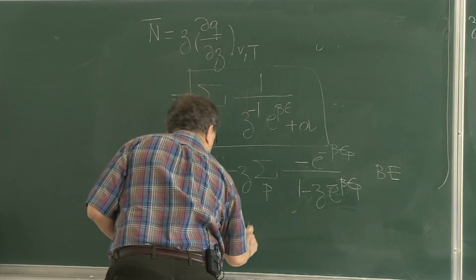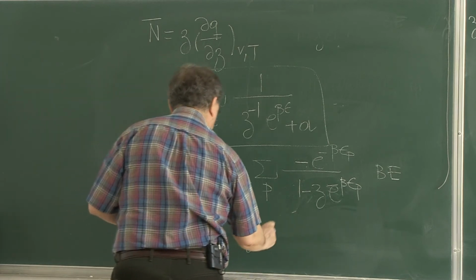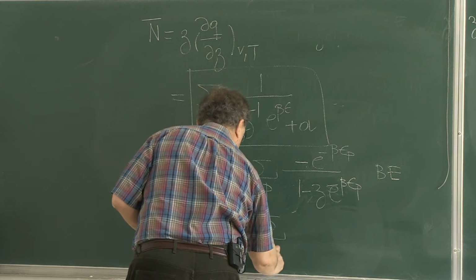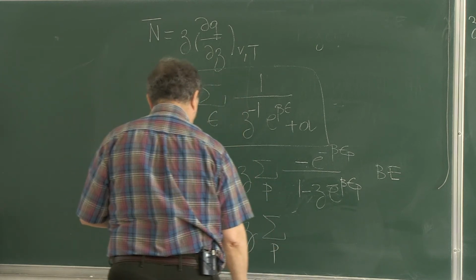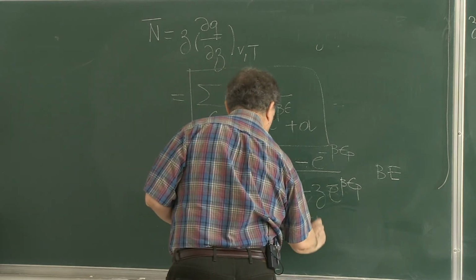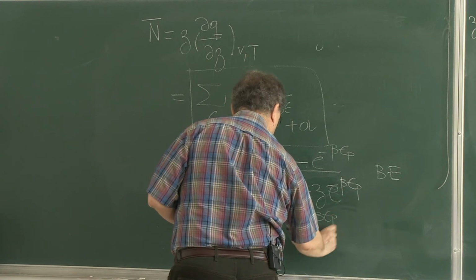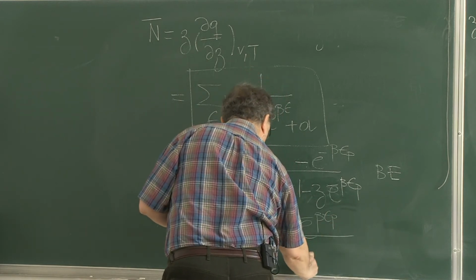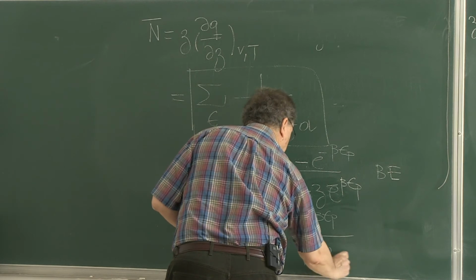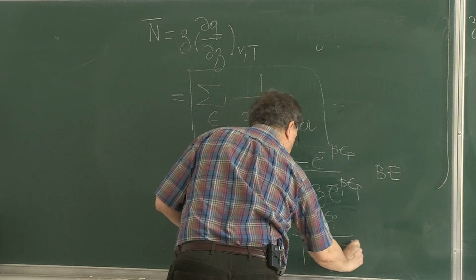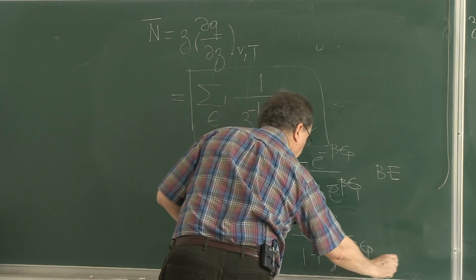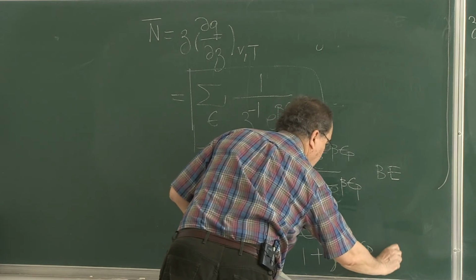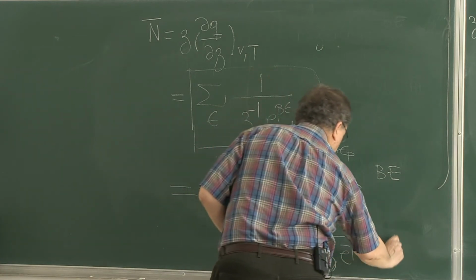And it is Z times the sum of e to the minus beta epsilon P divided by 1 plus Z e to the minus beta epsilon P for Fermi-Dirac.